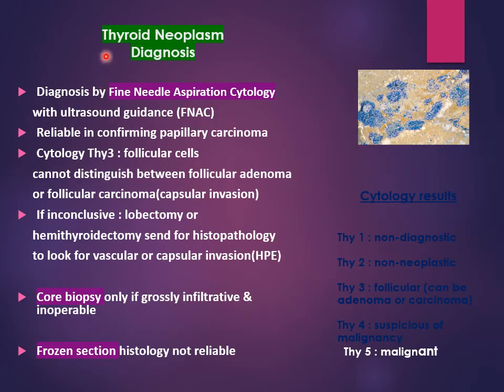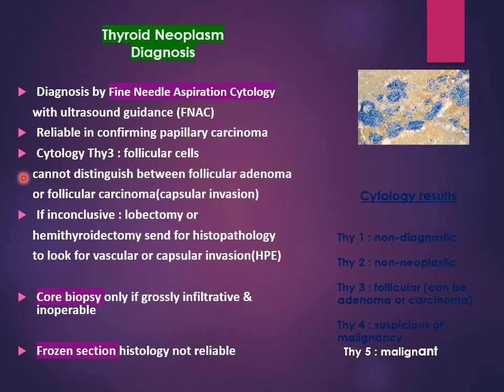Okay, the diagnosis of thyroid neoplasms is basically by using fine needle aspiration cytology under ultrasound guidance. This method is reliable in confirming papillary carcinoma. But for follicular carcinoma, the cytology Thy3, follicular cells cannot distinguish between follicular adenoma or follicular carcinoma.